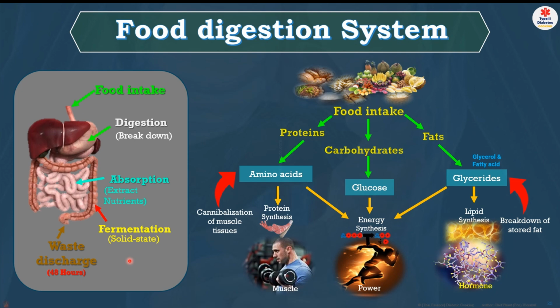If you eat protein, you get amino acids, which turn into protein synthesis and go to your bones and muscles, giving your body maintenance. Carbohydrate turns to glucose, sugar, and gives you energy.